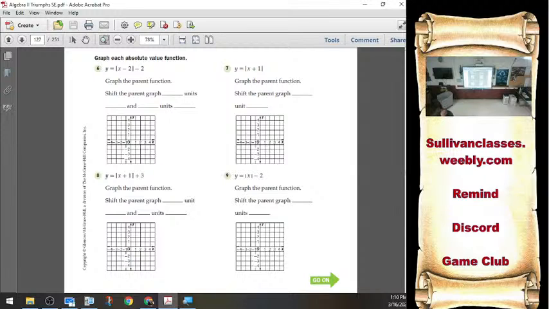Then, here's our little cheater chart here. Around those brackets, if I have something that is positive or negative, something that's inside or outside. Anything that's inside is bass-ackwards land. If they say plus, you're actually going left. If they say minus, you're actually going right.